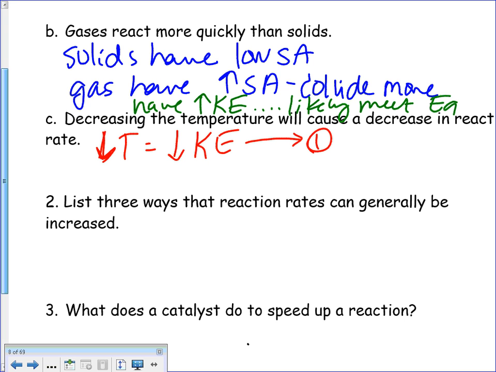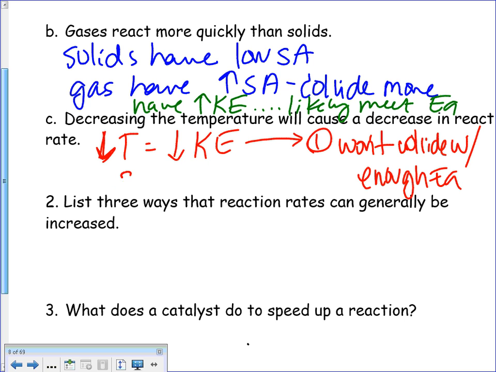That they won't collide as hard. So I'm going to say they won't collide with enough activation energy. And then secondly, since they're moving slower, do you think they're going to collide frequently?